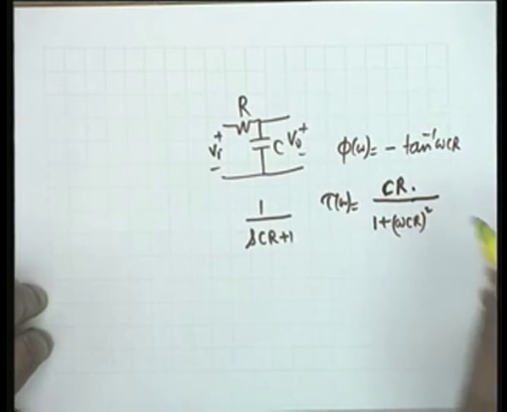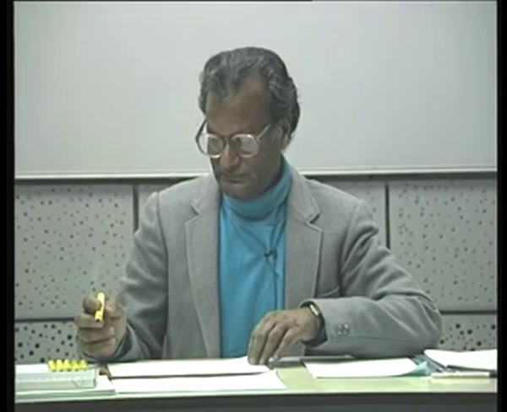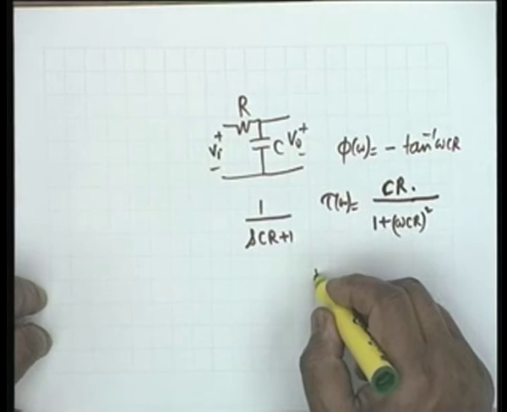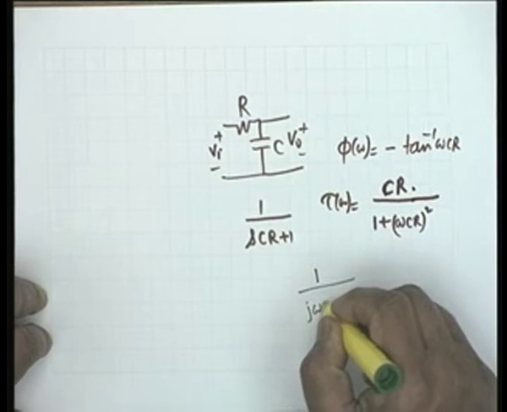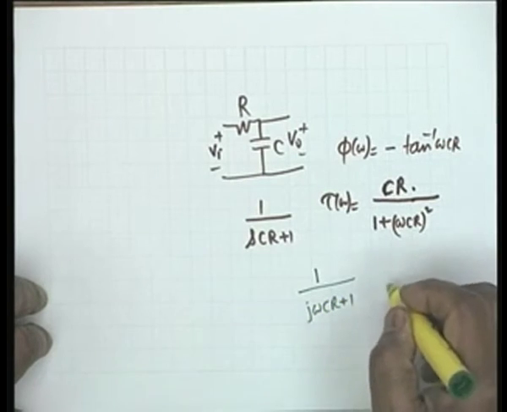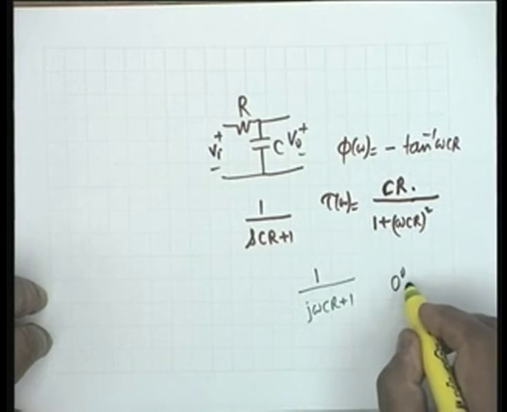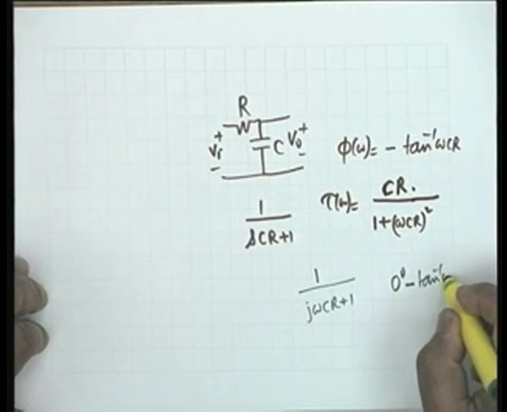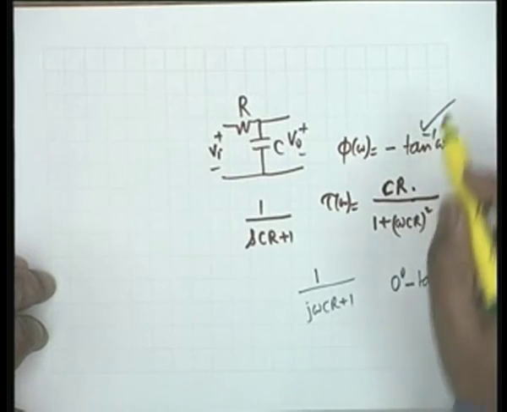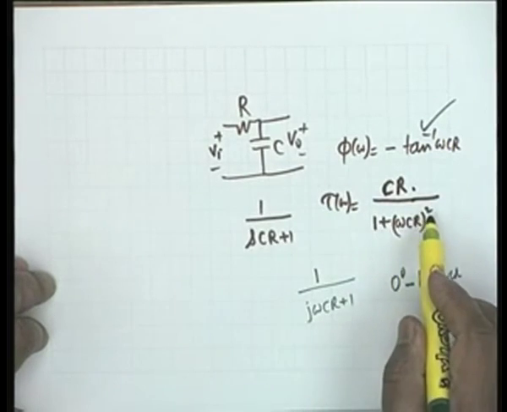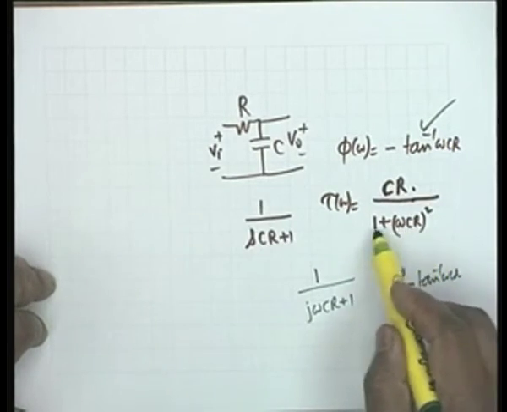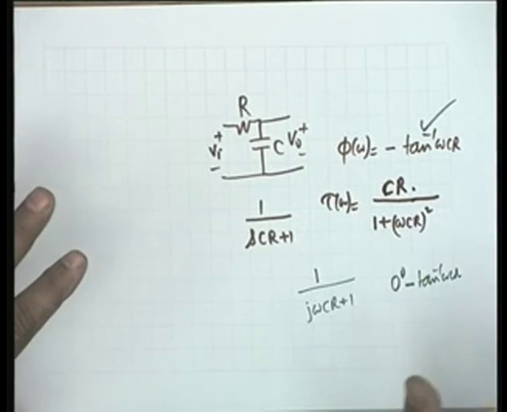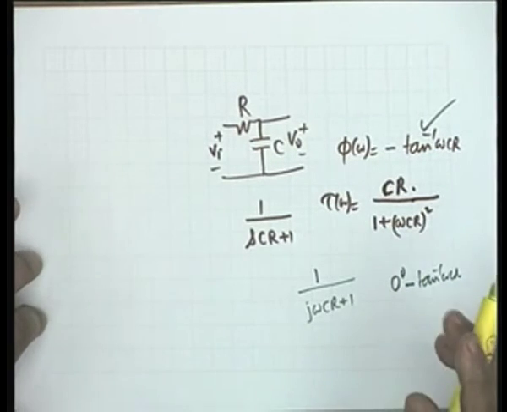Okay, and you notice the phase is pi by 2 minus... the transfer function 1 by j omega CR plus 1, the phase of the numerator is 0, minus the phase of the denominator, which is tan inverse omega CR. So this is correct. All right. Now you notice that at low frequencies, that is omega CR much less than 1, the delay is indeed a constant.